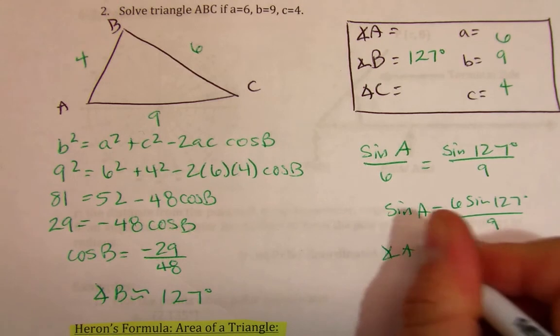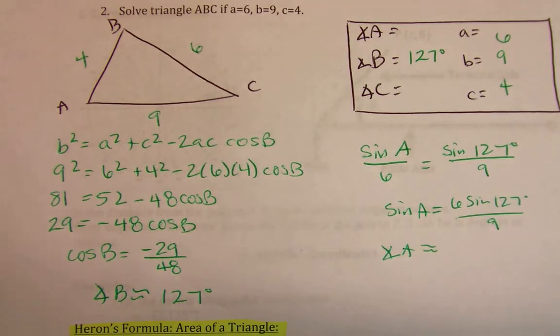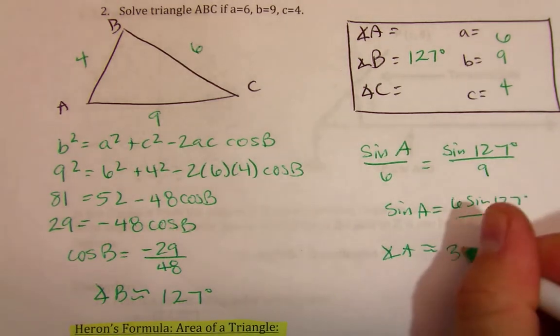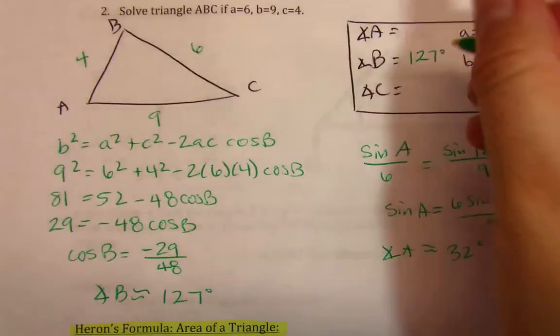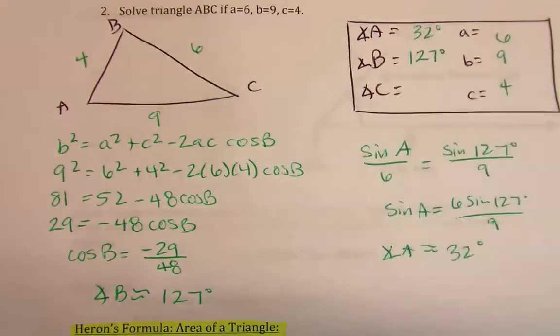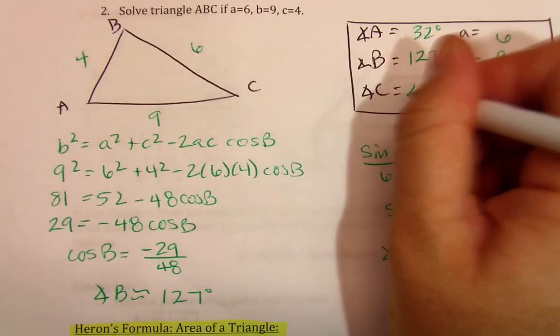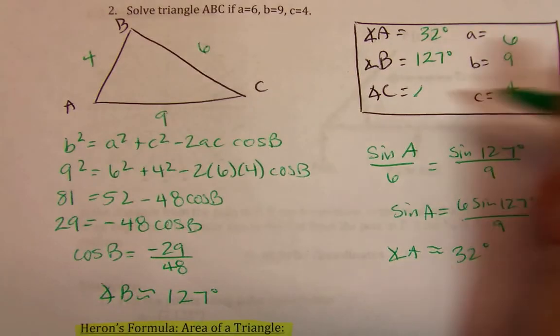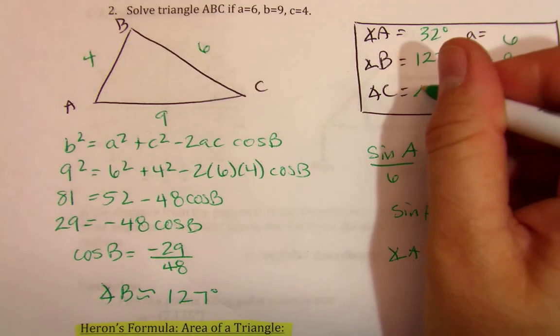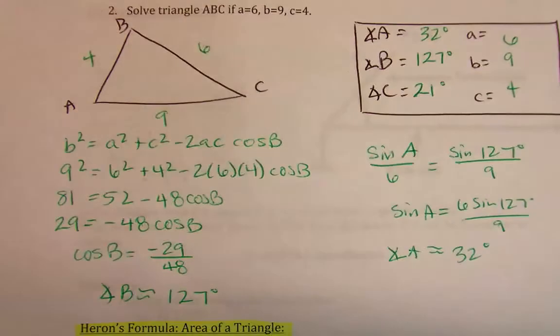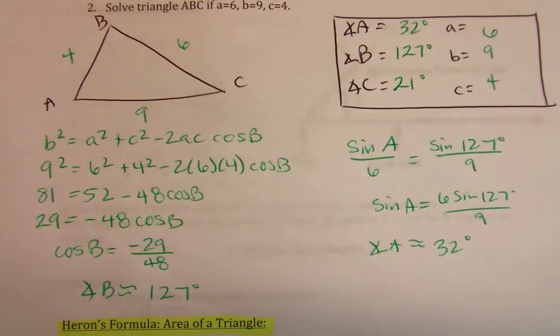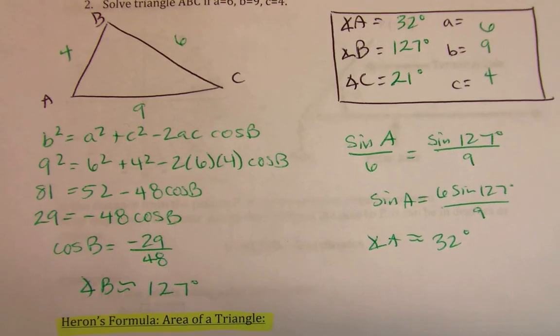Angle A, when we plug in our calculator, gives us about 32 degrees. And then subtracting, we can get angle C is equal to 21 degrees. Okay, so that's the law of cosines.